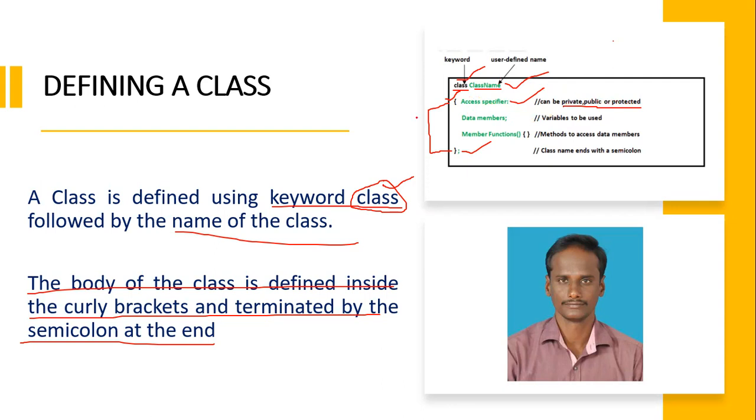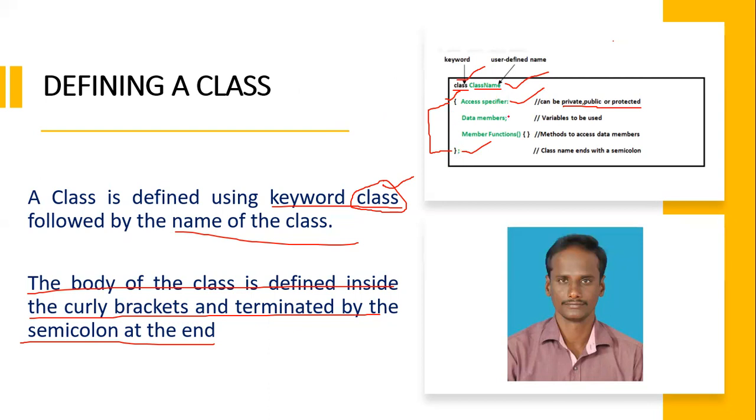So generally this is the class syntax. What we need to remember while defining a class is that it starts with the keyword class, followed by the class name. The class name is a user-defined name, or an identifier, and the rules we studied in the last video lectures should be followed for class names. The class definition is identified with an open curly brace and a close curly brace, and the closing curly brace must end with a semicolon.